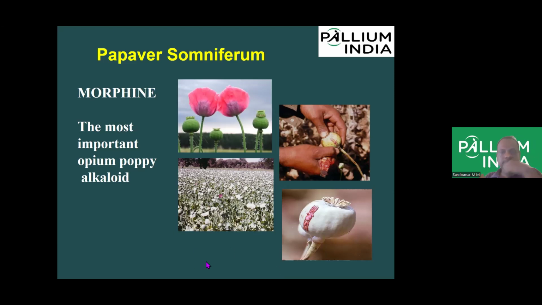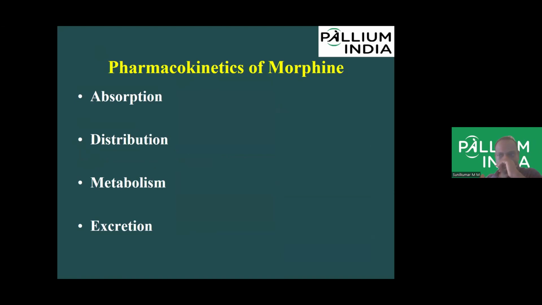Okay. So regarding the pharmacokinetics, how morphine is absorbed. Morphine is bitter. So if you powder the tablet, then you have to sweeten it with sugar or fruit juice.